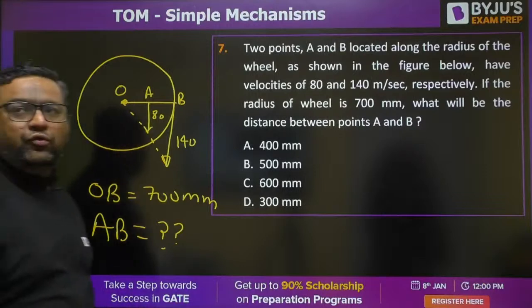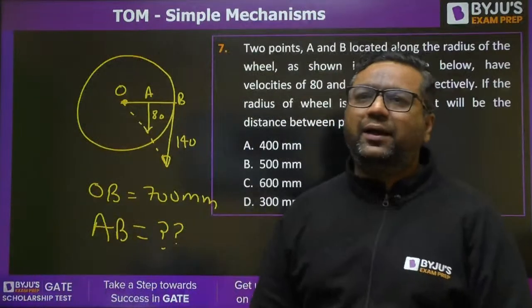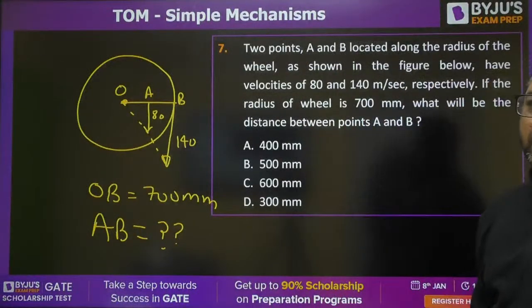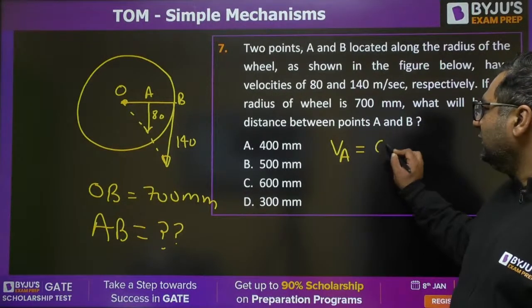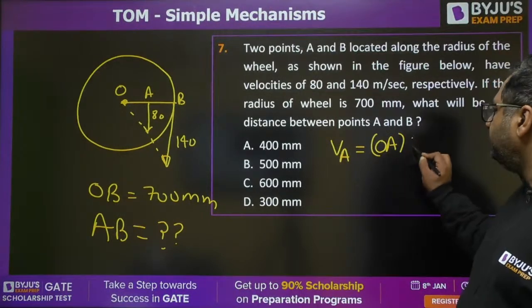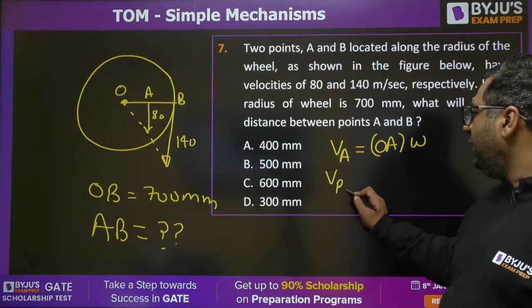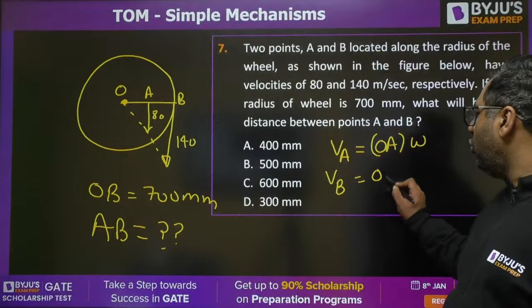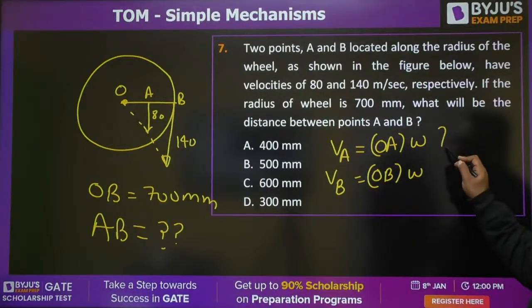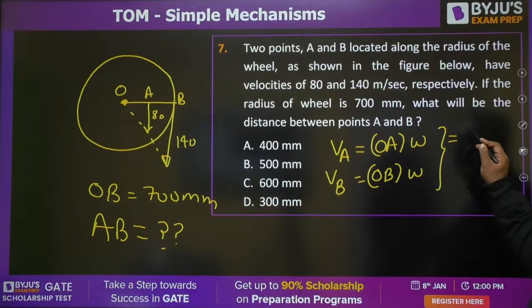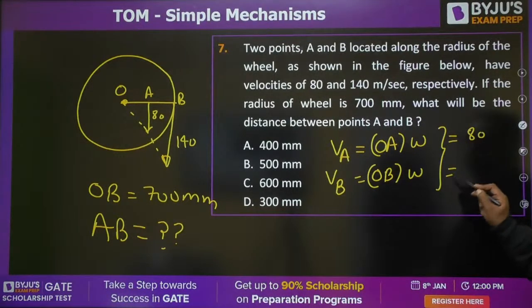Here you will be using V equals R omega. Very good, Ajay. So you would be writing velocity of A, which is OA into omega, and velocity of B, that is OB into omega. Using this, you are given VA to be 80 and VB to be 140.